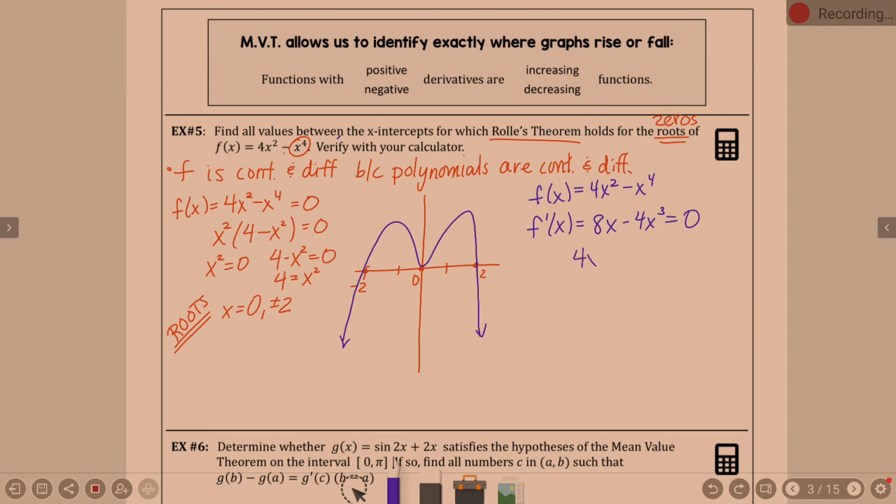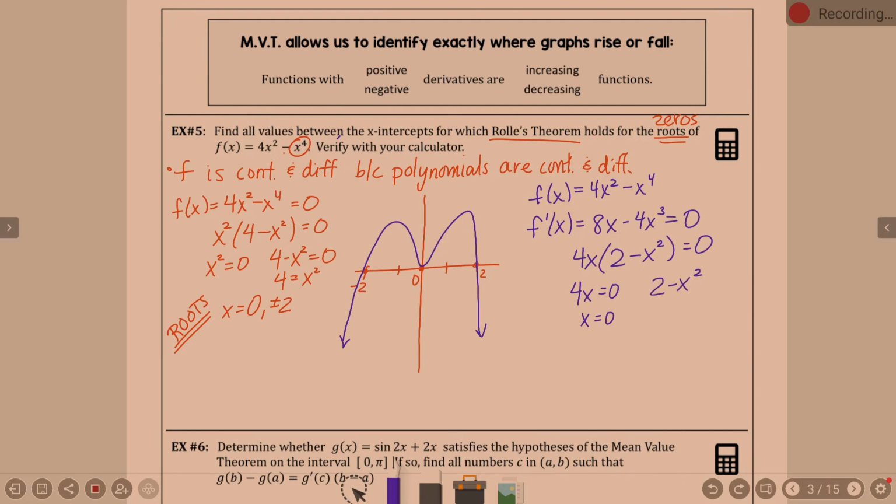Factor out a GCF of 4x: 2 minus x squared, right? So 4x times (2 minus x squared). We set each part equal to 0. 4x equals 0, so we've got x equals 0.